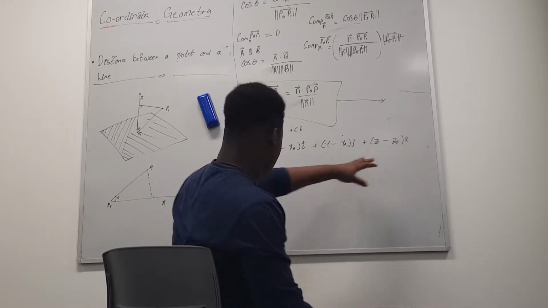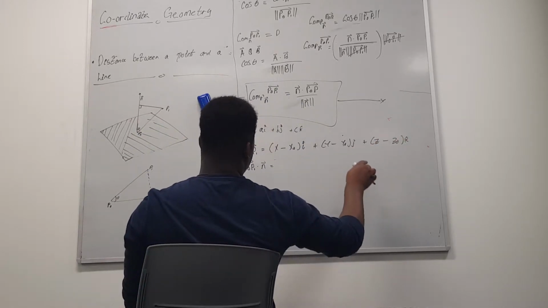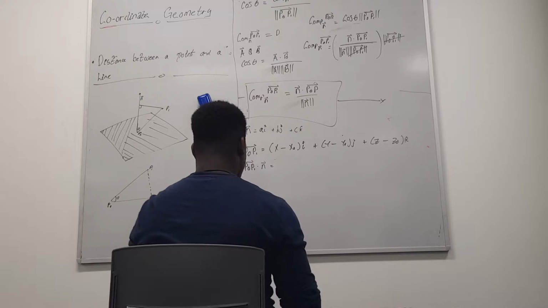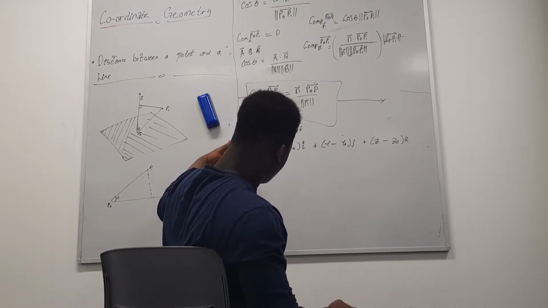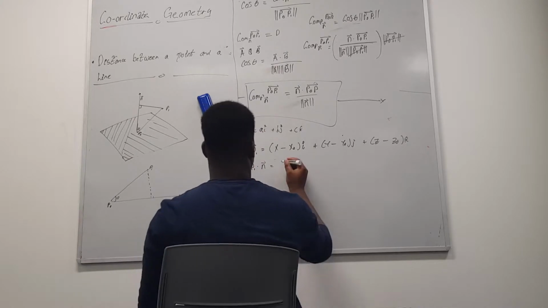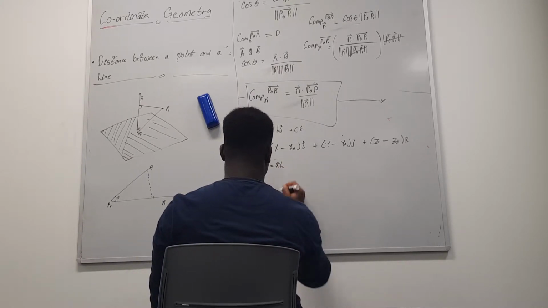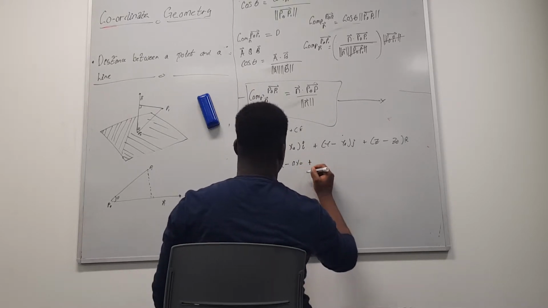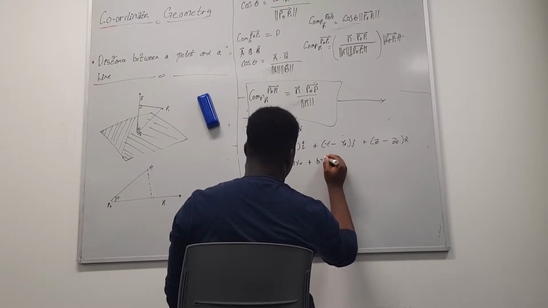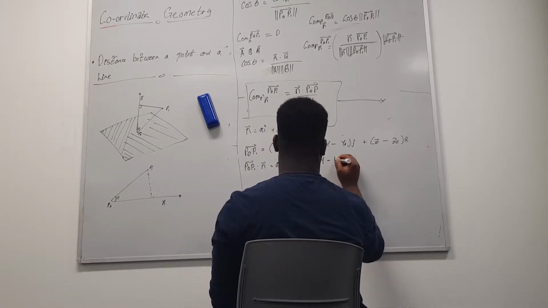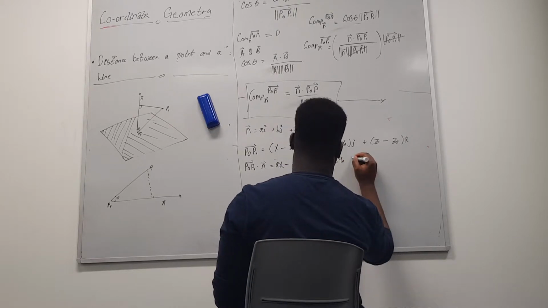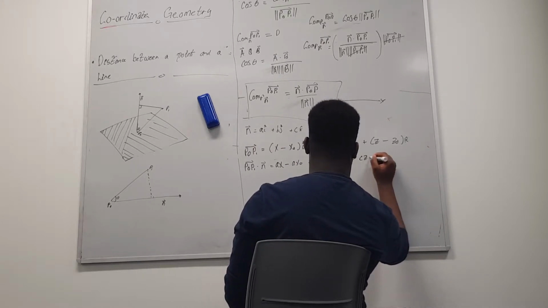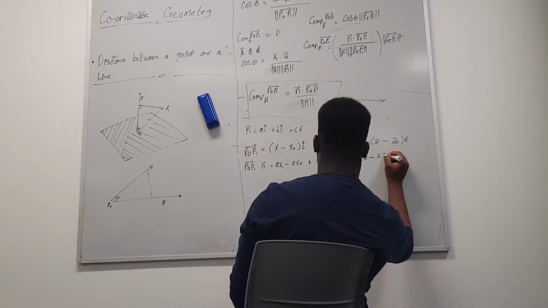So I have a number multiplying a variable minus a number multiplying another number, plus the same for B, and plus the same for C.